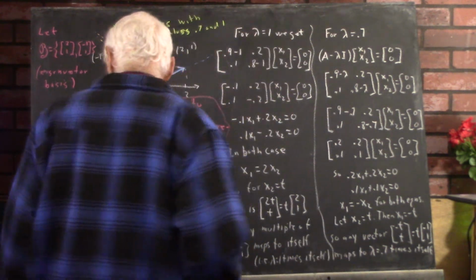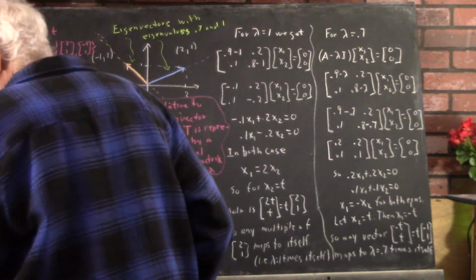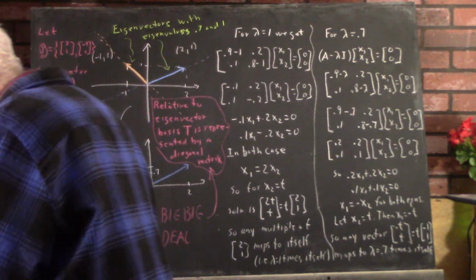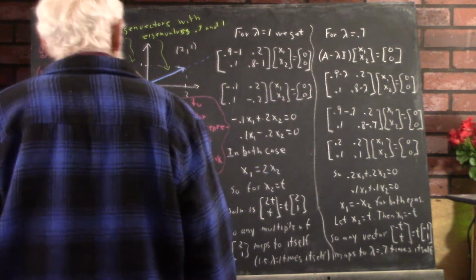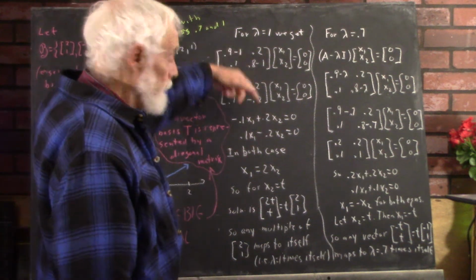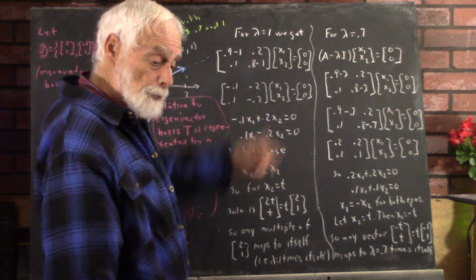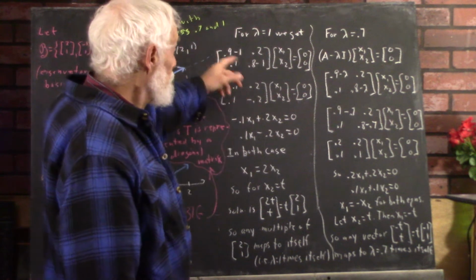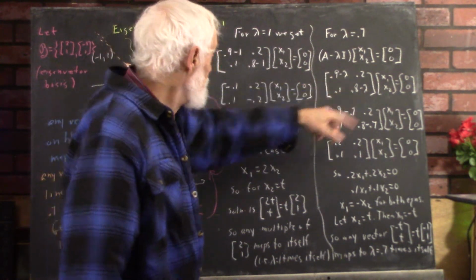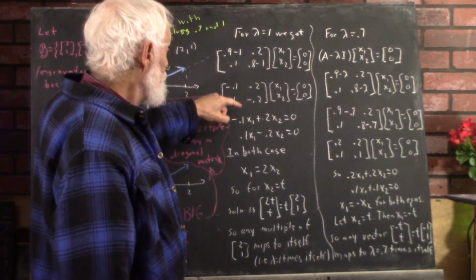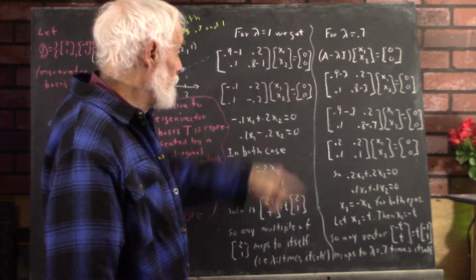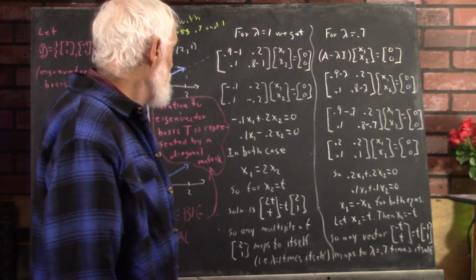And you have no idea at this stage of the course just how profound that is. It's a really, really big deal. Especially since we can come over here and do the same thing for lambda equals 1. Well, we substitute 1 in for lambda, and here's our matrix. So that matrix times the x1, x2 vector is equal to the 0 vector.